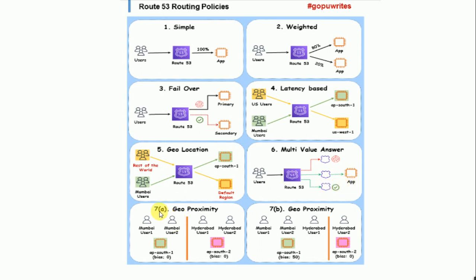Geoproximity: say Mumbai to Hyderabad. In India we have two locations, like AP South 1 and AP South 2.